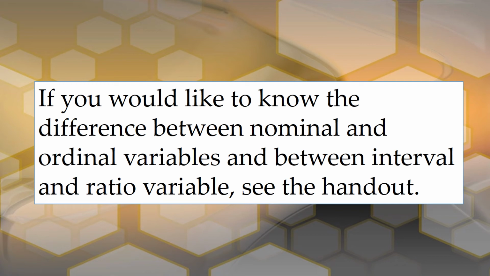I skipped over it because, one, you don't really need to know it for the rest of the class, and two, it's sometimes a little difficult for students to get the difference between these four. But when I do categorical and scale, it should be a little bit easier to grasp. But if you want to go the extra mile and learn all four of the categories, then go for it.